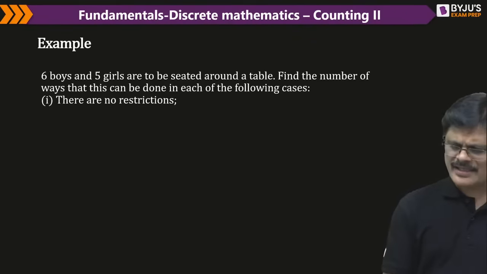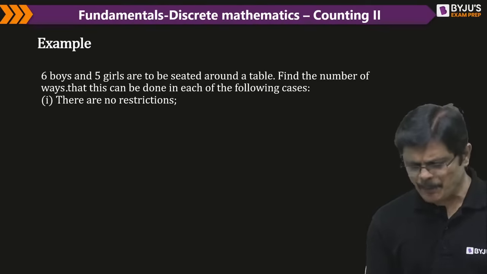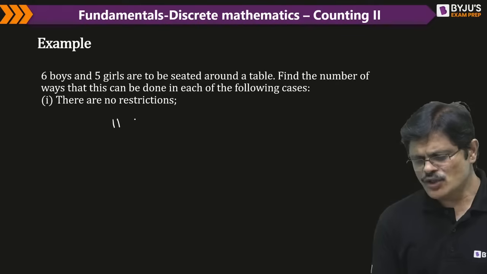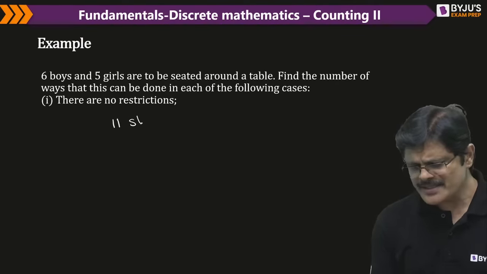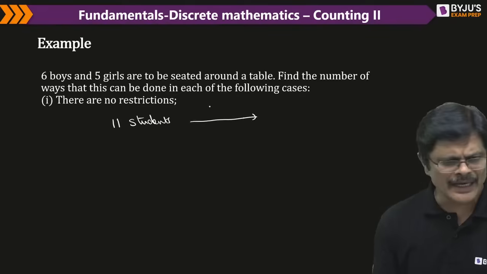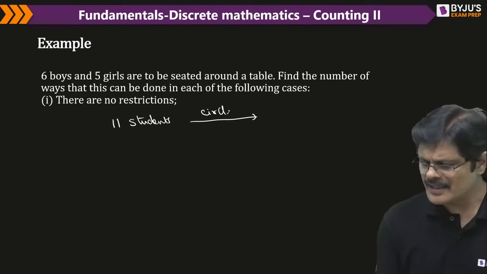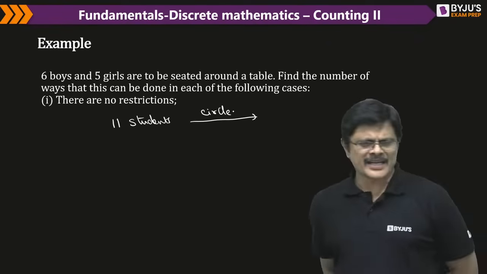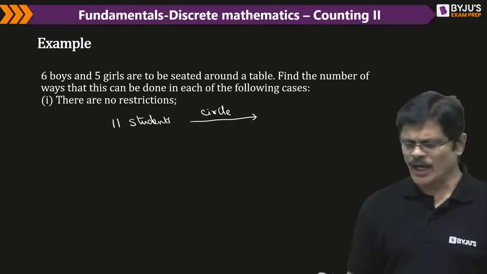So here total 11 people are there. 11 students, I'm just calling them students. You want to arrange them in a circle. 11 students can be arranged in a circle in how many ways?